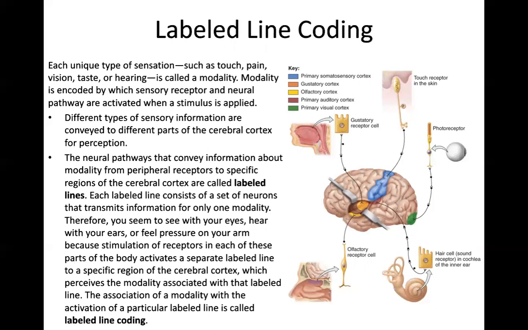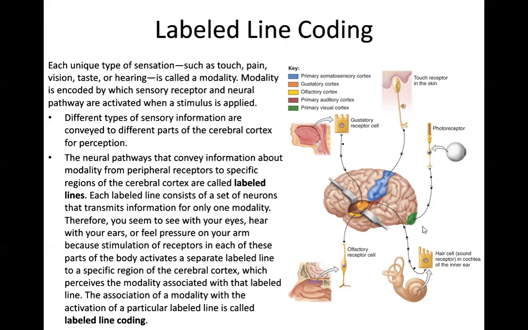The different types of sensory information that we have are conveyed to different parts of our cerebral cortex for perception. This relates back to that lecture when we talked about the cerebral cortex and the primary visual area, primary auditory area, primary somatosensory area. All those different sensations are not going to the same place in our brain.